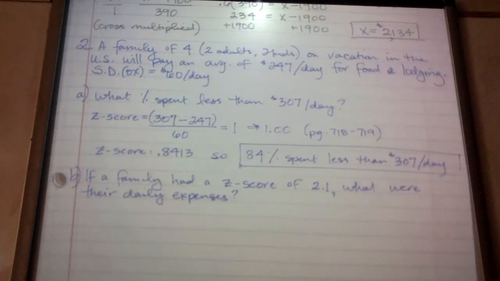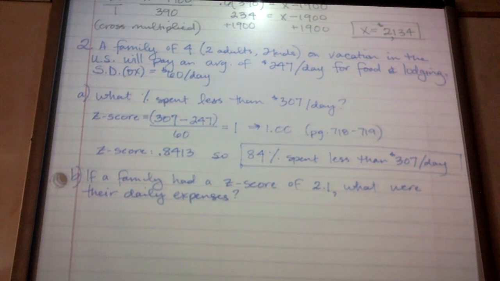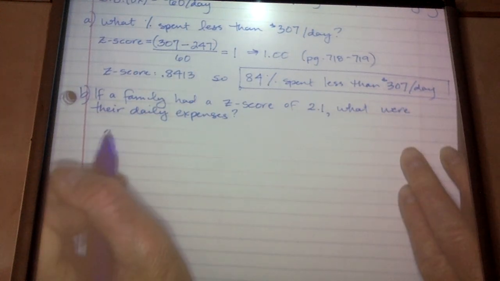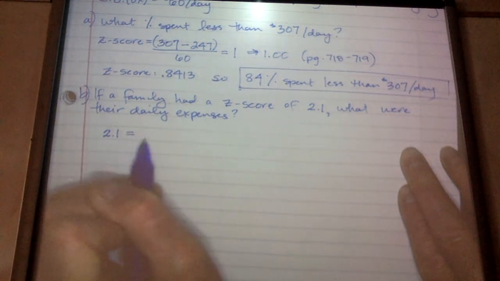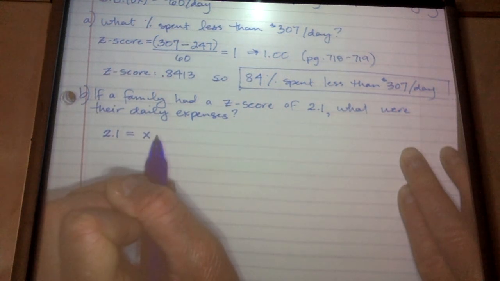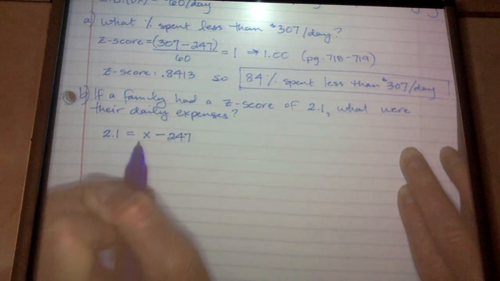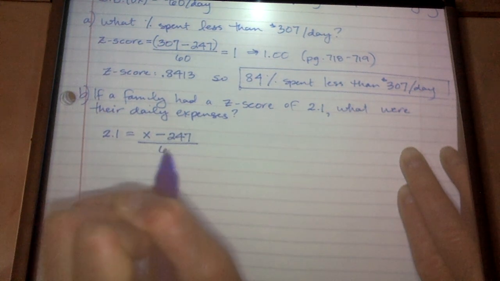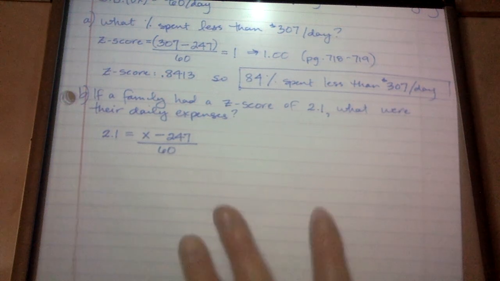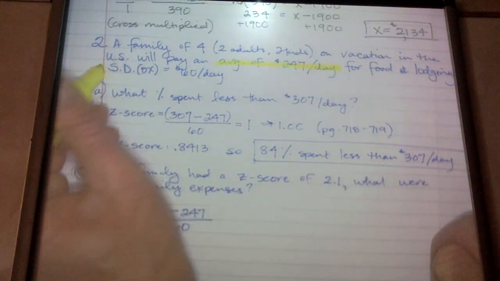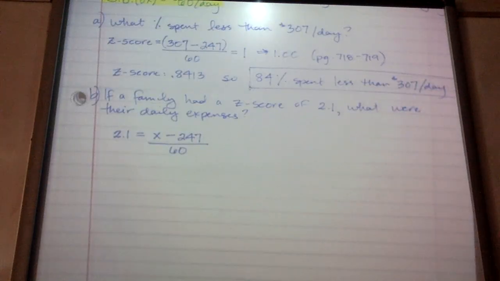Okay, so let's remember, if I know the z-score but I'm missing the data. So I know my z-score was 2.1. I don't know how much they spent, but the rest of the formula is minus the mean divided by my standard deviation. And I'm always using that information.